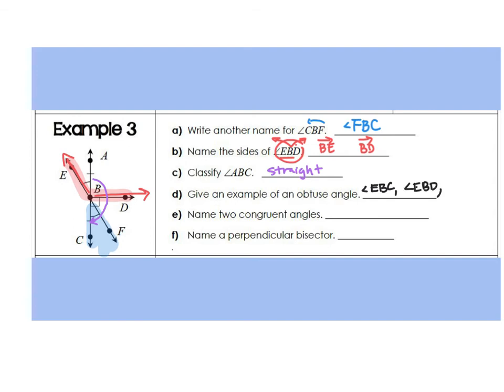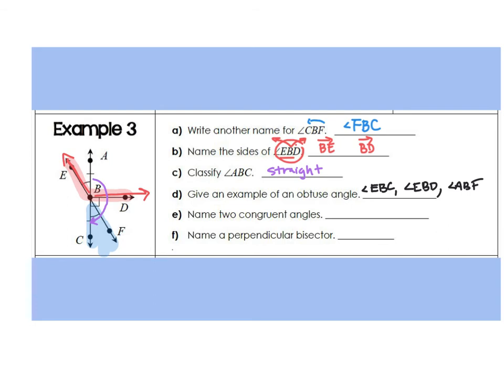By the way, if you did reference one and you wrote the name backwards, that is fine. We also have angle ABF. I believe that's it. Okay. If you find another one, you guys can message me through Schoology.